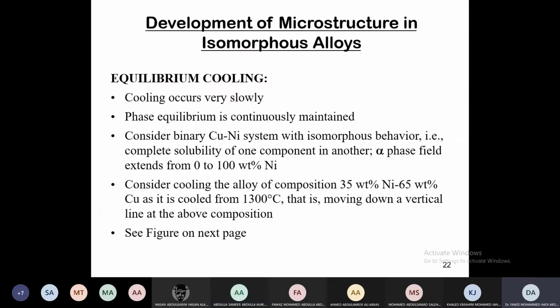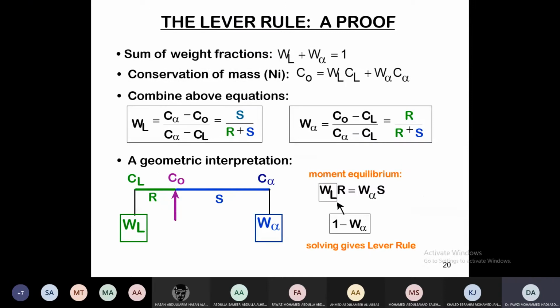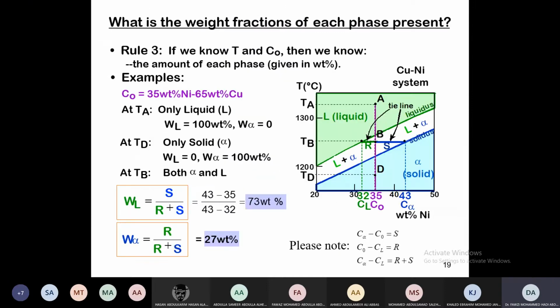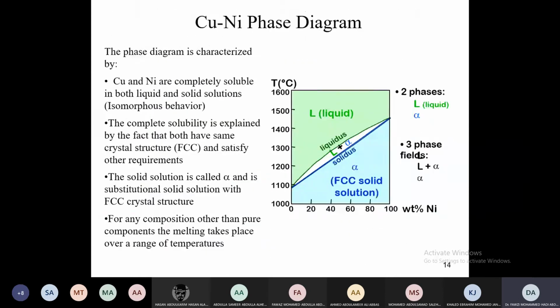Yesterday we started with the phase diagrams and we dealt basically with the binary isomorphous phase diagram, and we said what is binary isomorphous phase diagram. For example, the copper nickel system. Binary means a system with two components.